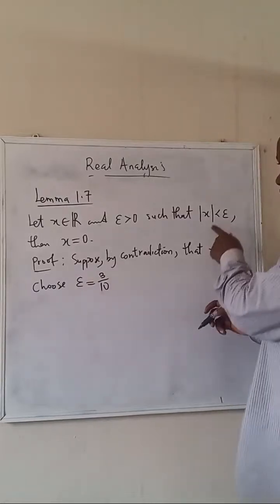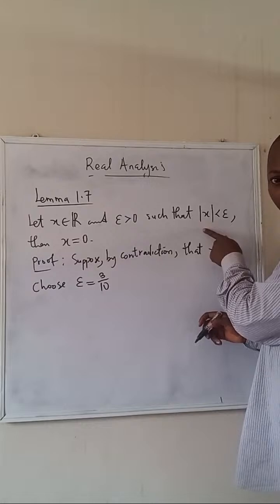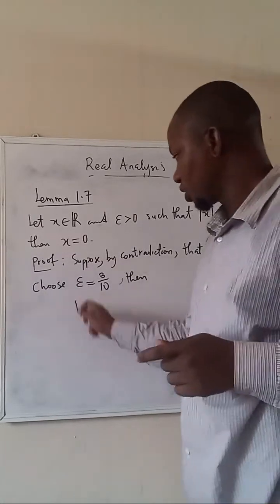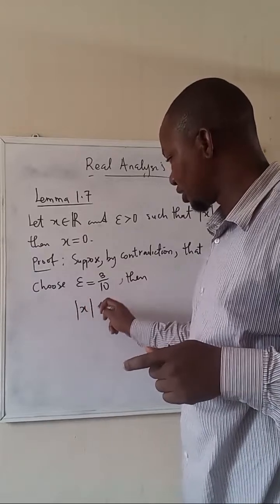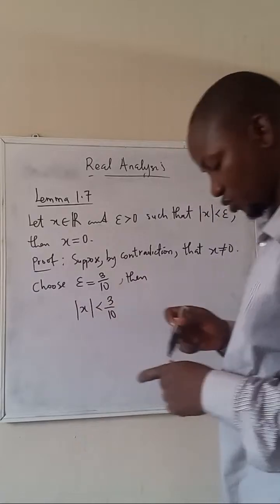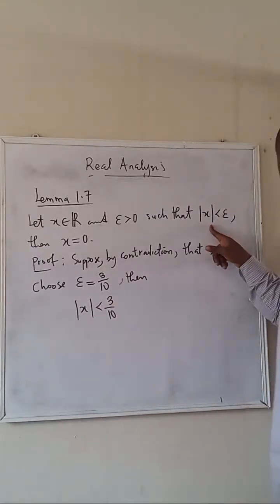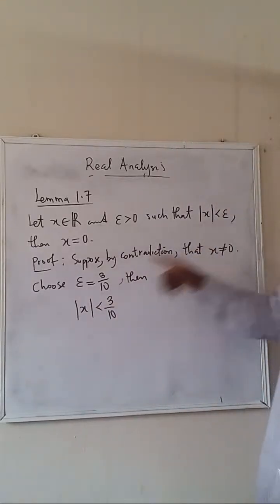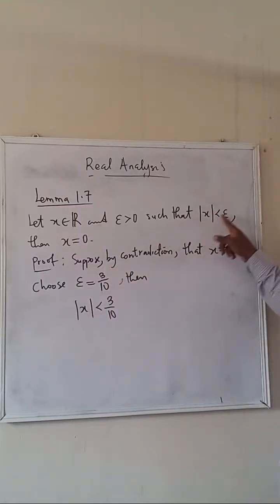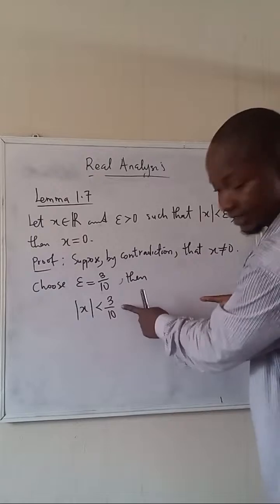Now recall what we have here. Then the absolute value of x will be less than 3/10, according to what we have here. We are choosing epsilon to be 3/10, and we are using this now, so the absolute value of x will be less than this.